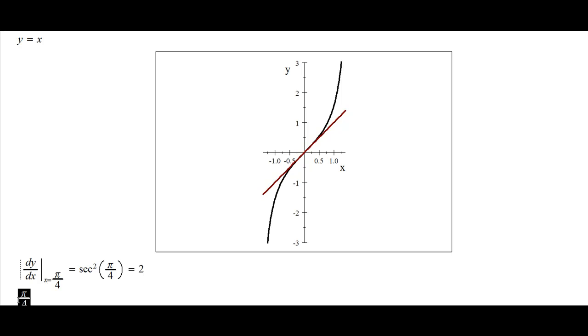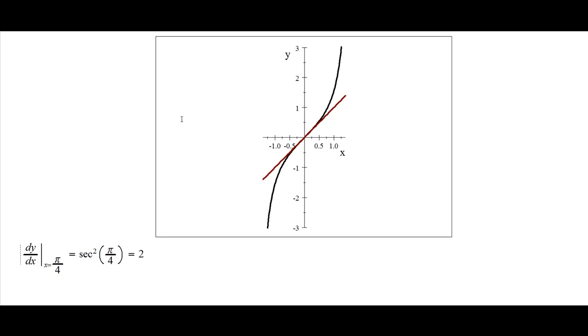So if we write the equation of the tangent line at x equals pi over 4, and tangent of pi over 4 is 1, we get the equation y minus 1 equals 2 times x minus pi over 4.